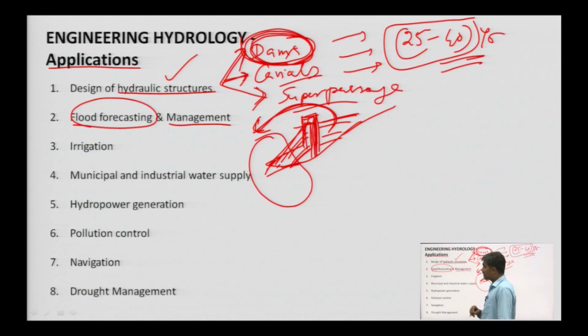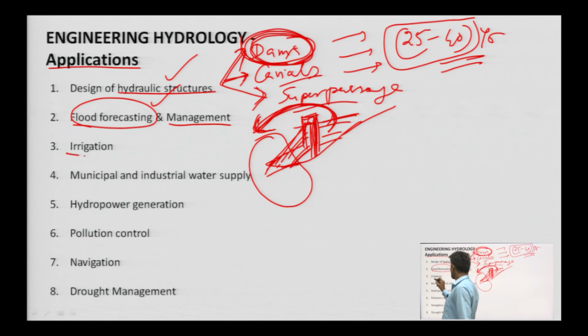If that water has to be released, then to what extent or in what manner it is going to affect, that we need to calculate. And it is through the forecasting methods of engineering hydrology. So, this is the next application.